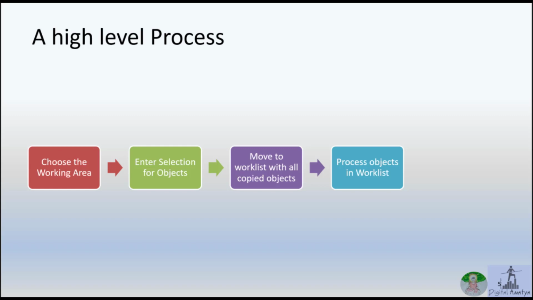When you tell the system to process the objects, the system will be copying these objects back to the SAP database. In other words, whatever the items, operations, and other entities that you will be seeing in the work list, they are only copied versions of what is existing in the SAP database. Any changes that you are doing on these objects in the work list are not reflected till you ask the system to process. Once you tell the system to process, these changes will be written back into the SAP database.